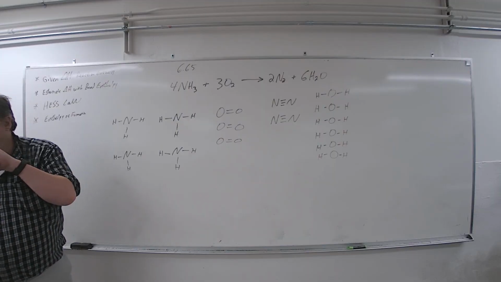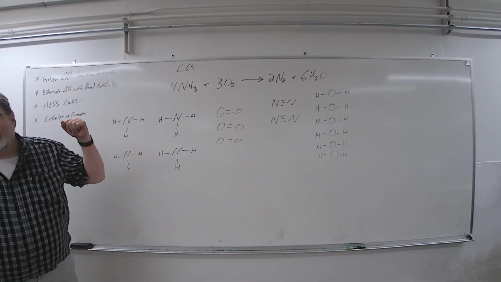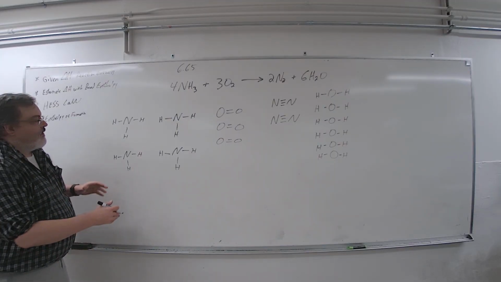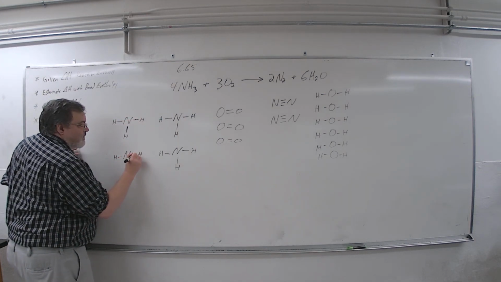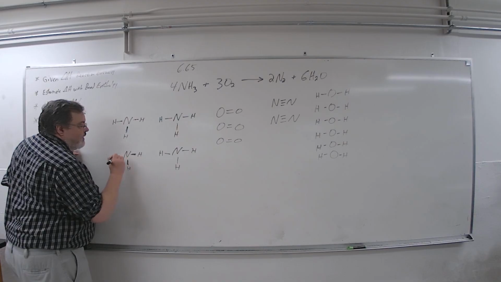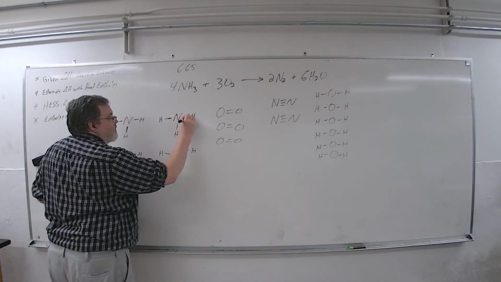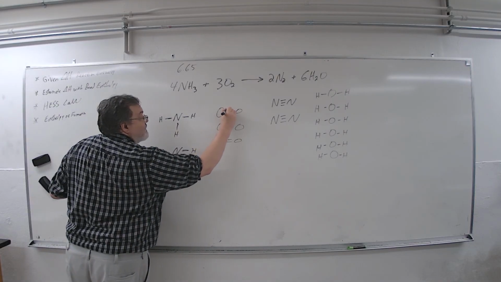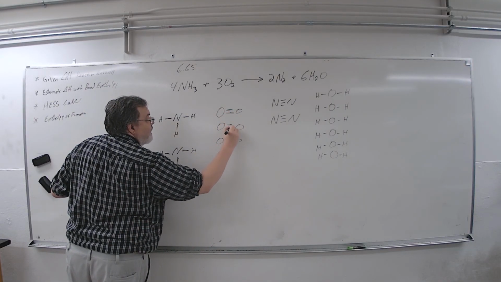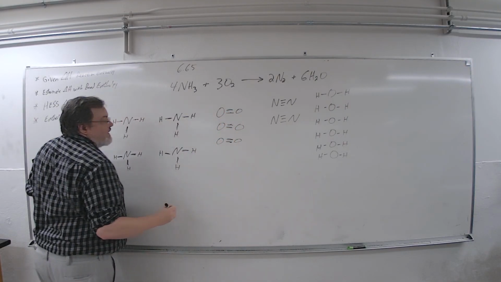You remember that activation energy I told you about? Energy you've got to put in just to make the reaction go. That's the energy to break these bonds. I've got to break those bonds, all these bonds, and all these double bonds. It takes a certain amount of energy to do that.